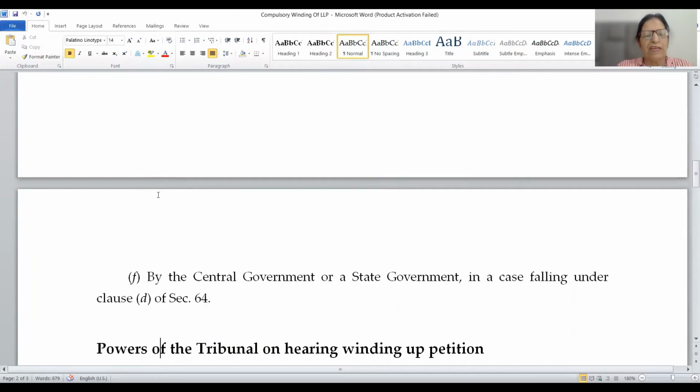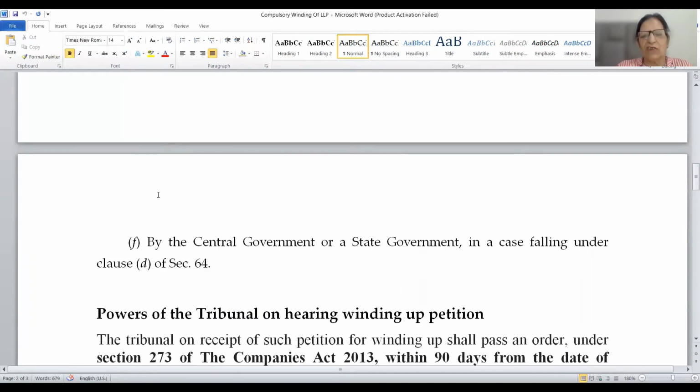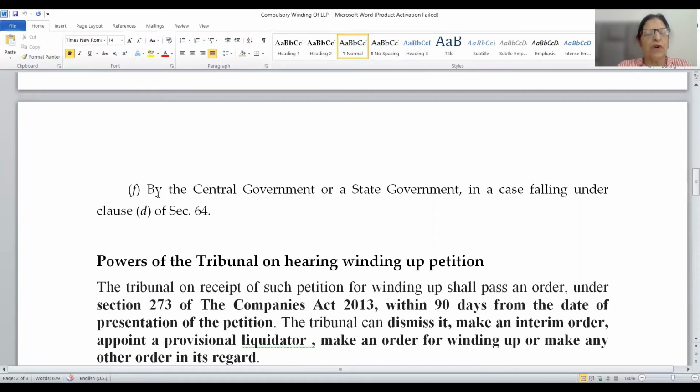And the last point is by the central government or a state government in a case which falls under Clause (d) of Section 64. I talked about Clause (d) of Section 64 in the very first heading.